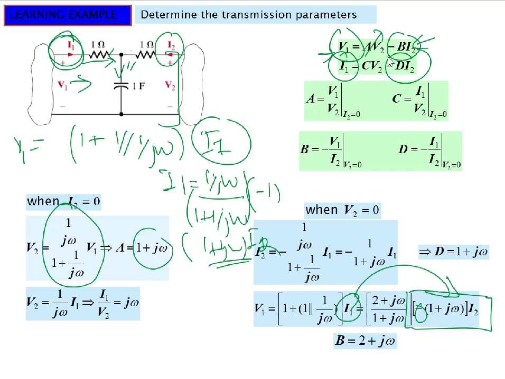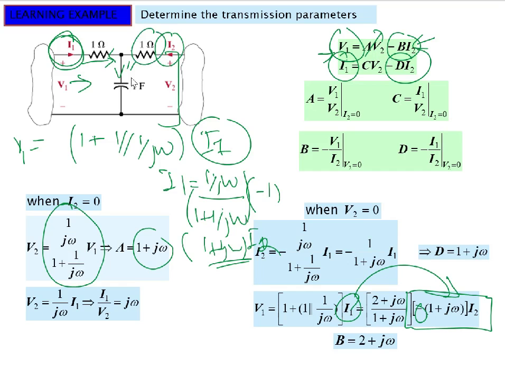It is going towards the circuit, and I2 is short circuited using the V2 equal to 0 equation. So what we do, we check in which branch I2 is flowing. I2 is flowing in 1 ohm, in this 1 ohm.